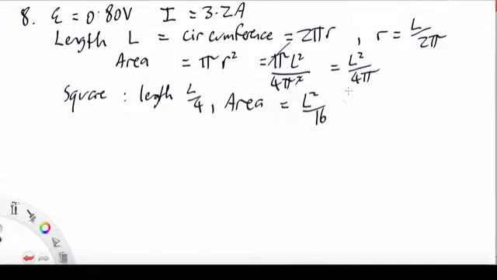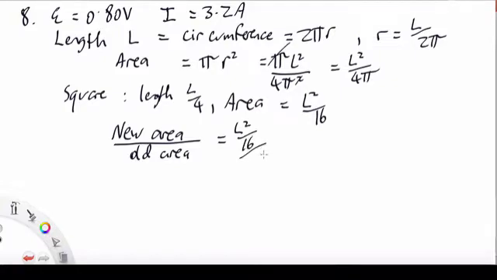Now we know that the EMF is proportional to the change in flux, which is proportional to the area. So we're going to do this as ratios. The new area, which is the square, over the old area, is going to be L squared over 16 over L squared over 4 pi, equals L squared over 16 times 4 pi over L squared.